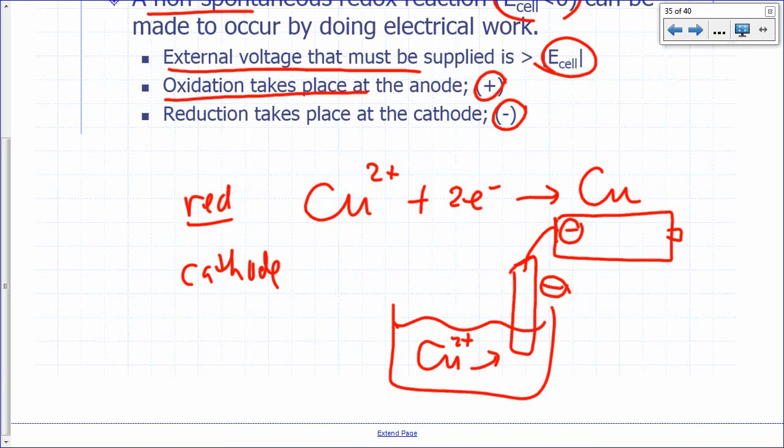The negative terminal of the battery is hooked up to that. Okay, so we say that the negative terminal of your electrolytic cell, and the circuit's not complete here, but if you want your copper to be reduced, then it has to be at the negative terminal. Okay, so the negative terminal of your electrolytic cell is where the cathode is. It's where the reduction takes place.